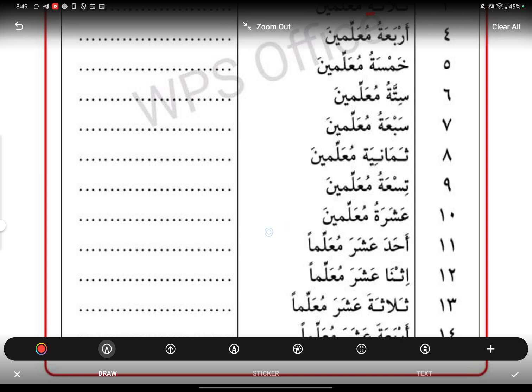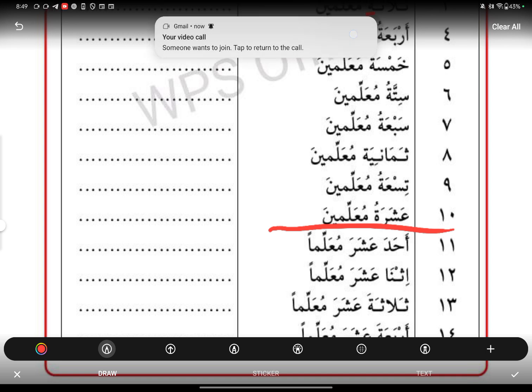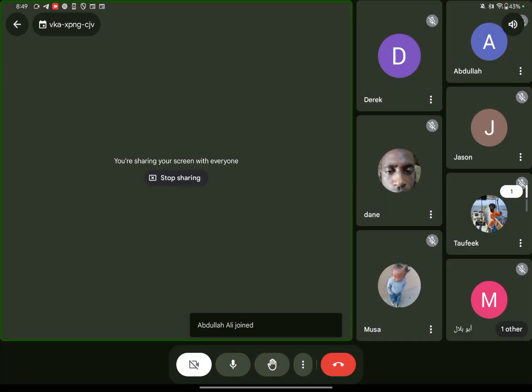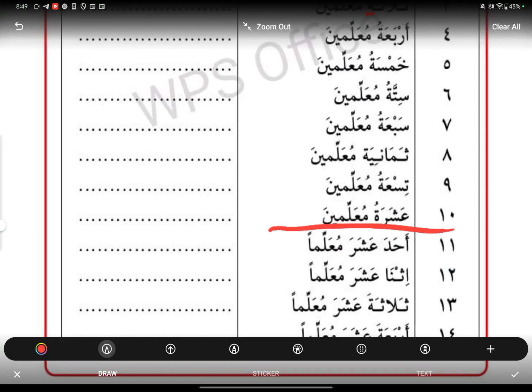And lastly, yesterday, our brother Tawfiq, Sheikh Tawfiq, gave us the other two, which is a small change in the numbers.